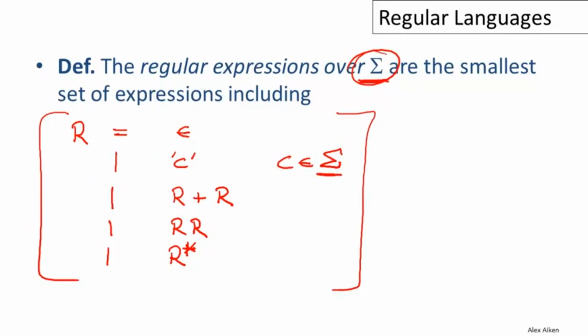Now, this syntax for describing the regular expressions, with these vertical bars and different cases on the right-hand side of this recursive definition of R, is called a grammar. That's not what this lecture is about, but we'll be talking about grammars when we get to parsing.